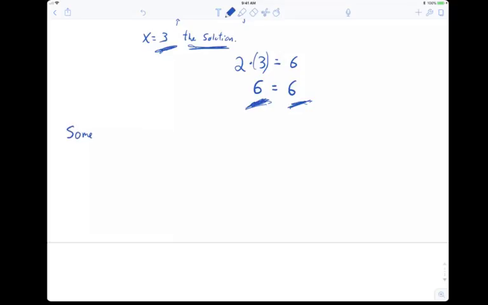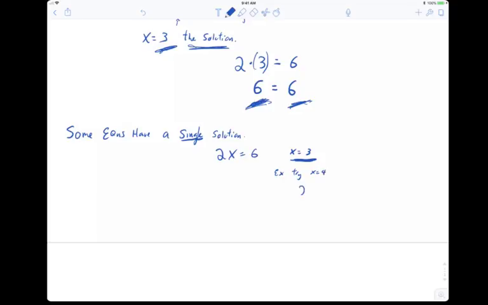Now before I go on, some equations have a single solution. So for instance, 2x is equal to 6. This one only had one solution. x is equal to 3 is the solution. And what this means is if you try any other value, so for instance, let me try x is equal to 4.